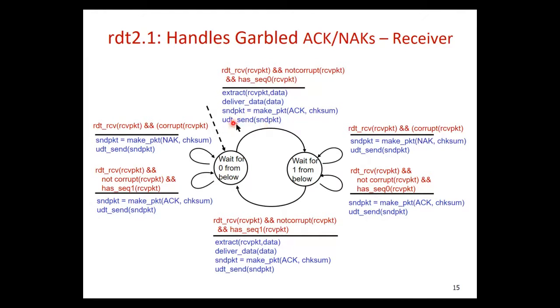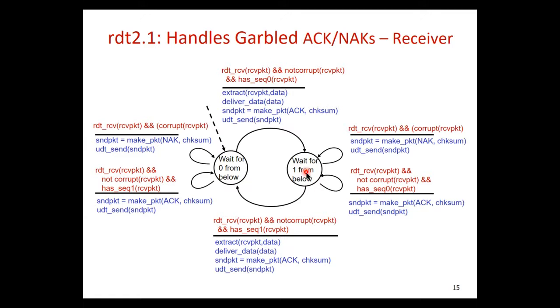UDT send packet. The packet has been built. So here, as far as the receiver is concerned, it is done with the packet sequence number 0. It now transitions to a state where it expects to receive next a packet with sequence number 1, packet number 1.